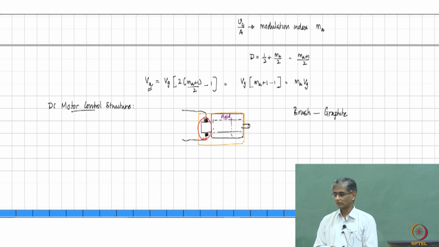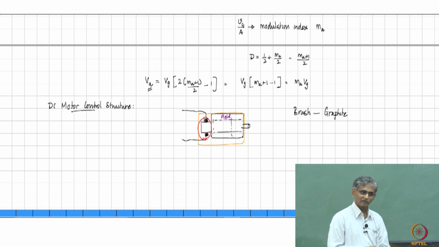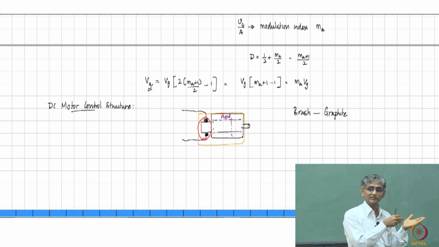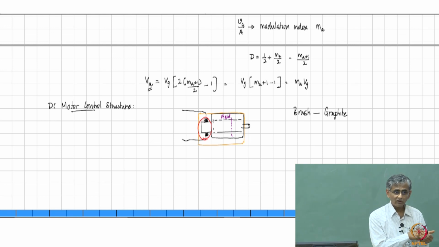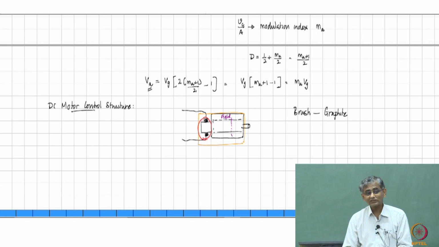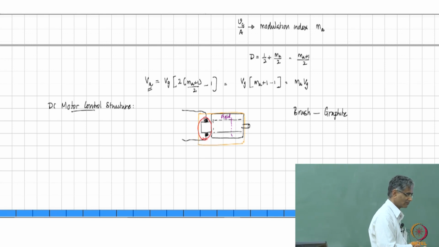But today, if you look at it, nobody will use DC machines for this kind of control. Why did we then discuss DC machines at length? It is because they still provide the best way of understanding what is required out of a motor control system and what are the basics of a motor control operation, right?